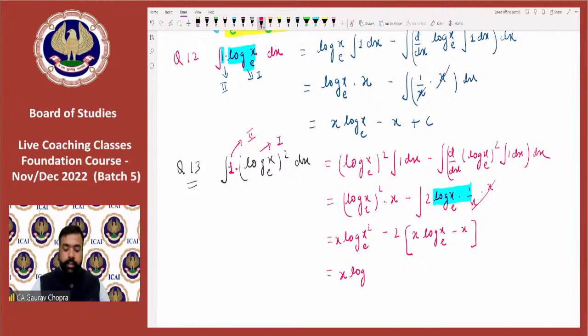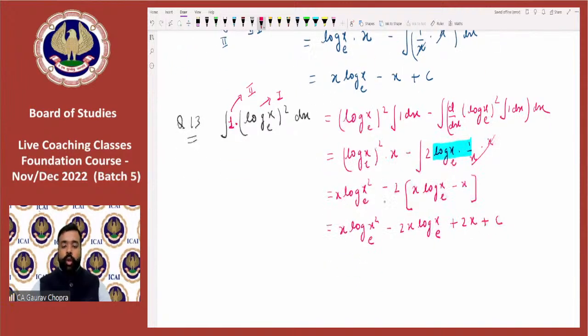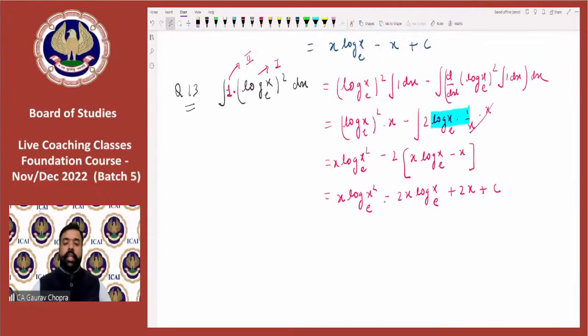So the answer is x log x square base e minus 2x log x base e plus 2x and then plus c. So whenever log is there, we can solve in this manner.